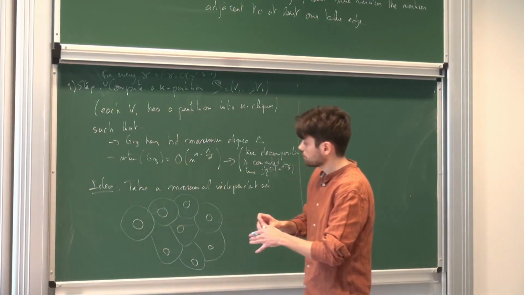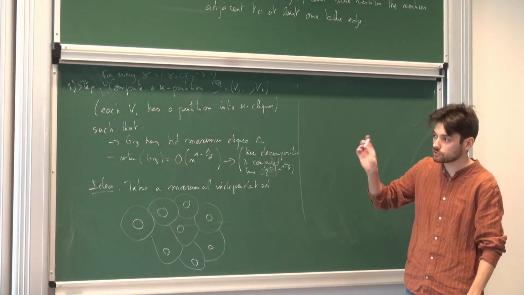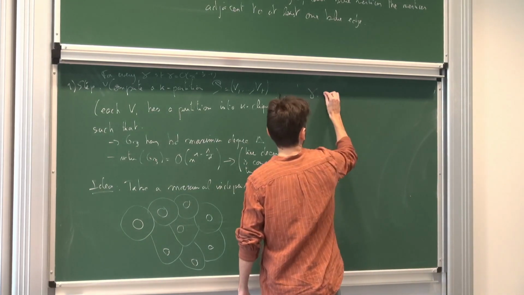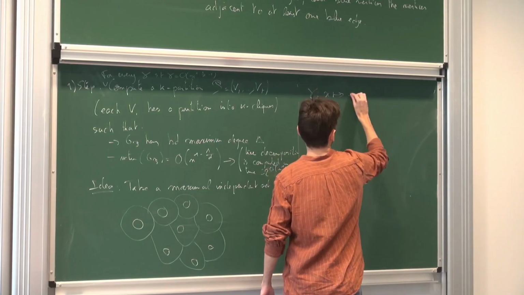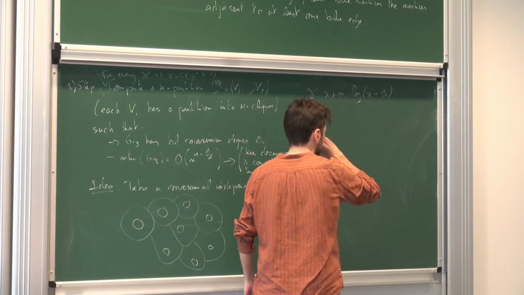Okay. I will just explain how we can use that to solve maximum independent set, just because I think it's interesting. You take gamma, the function which maps x to log(x plus 1).